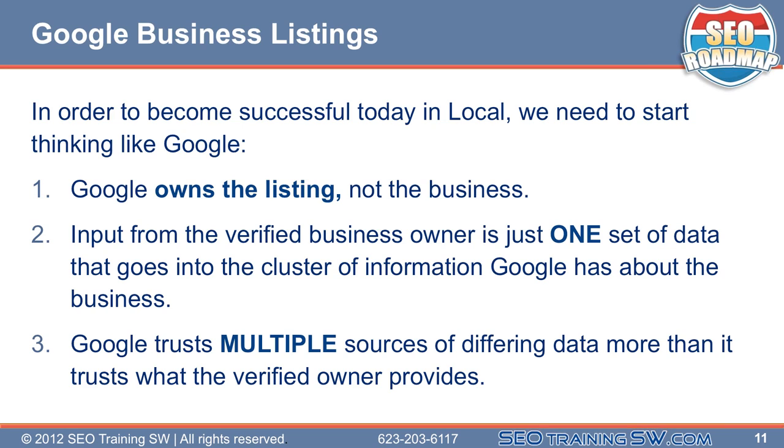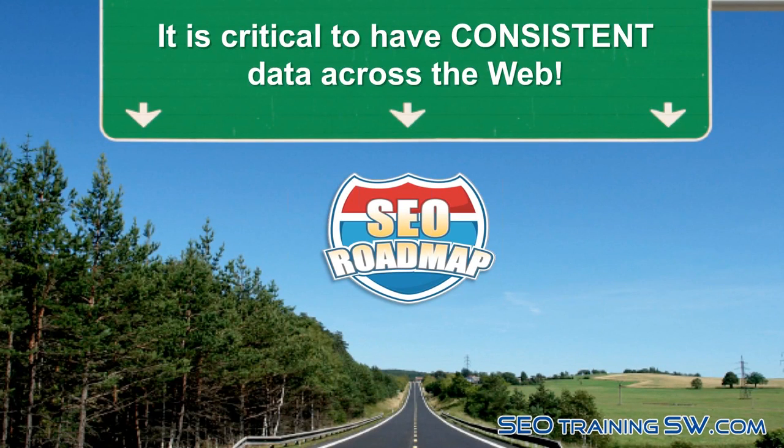It has its tentacles into, let's say you have your business in Phoenix, Arizona, it has its tentacles to see if you have a business license there. It has its tentacles in with the phone company to see if you have a valid phone number. So this is the data that Google will trust more than all the data that you will be providing.